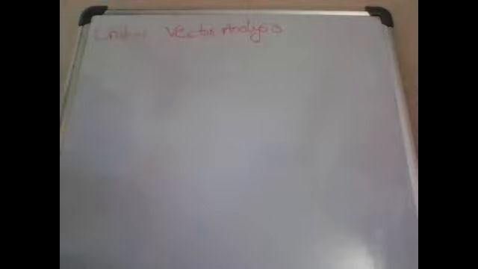In vector analysis, we already know the definitions of vector and scalar. We already studied the basic definitions of vectors at intermediate level. In vector analysis, we have gradient, divergence, and curl of a vector, and line integral, surface integral, and volume integral.